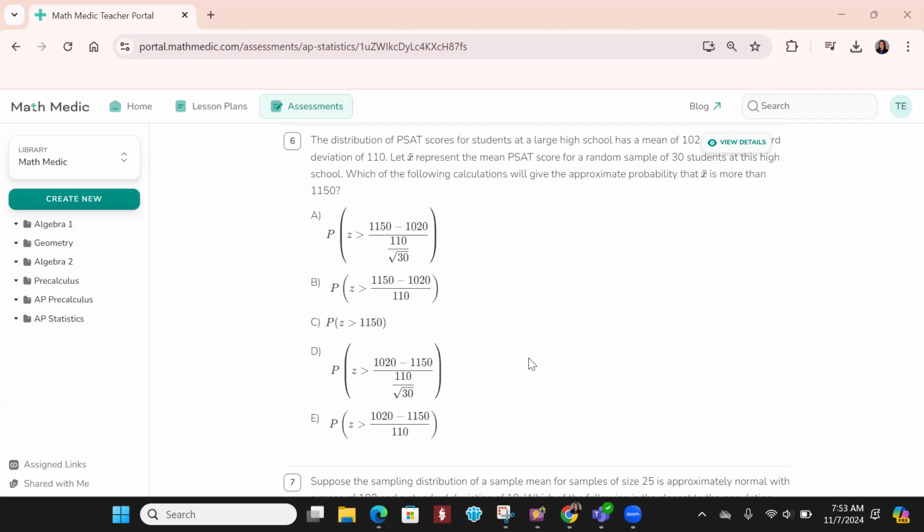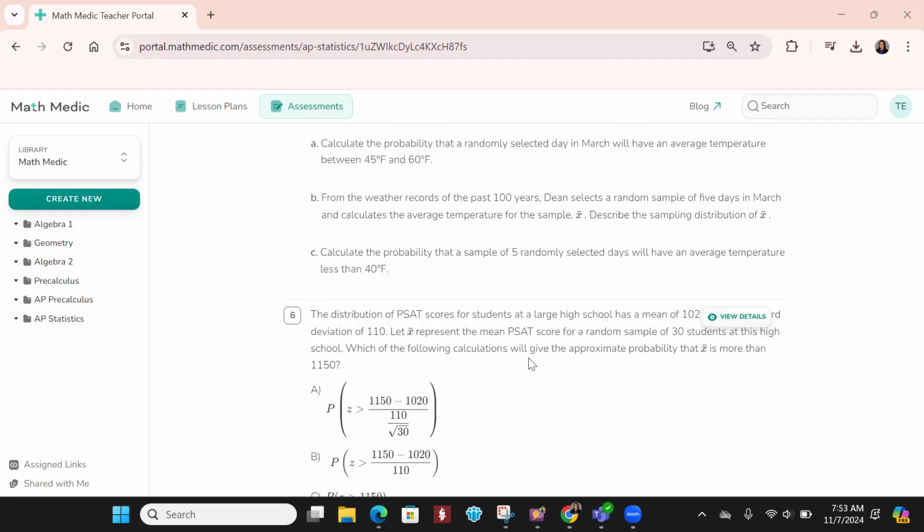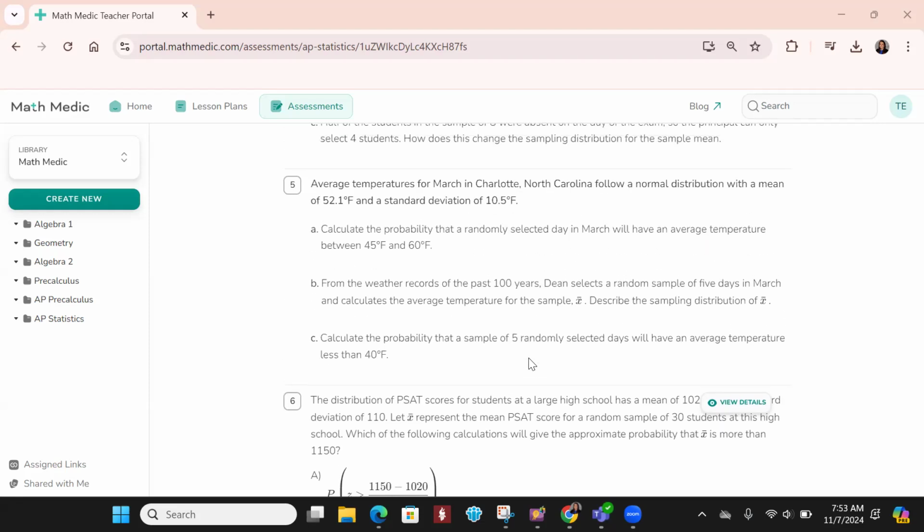On part B, the sampling distribution of the sample mean for the sample of size 5 is approximately normal with a mean of 52.1 and a standard deviation of 4.696. 5C is going to be 0.0049.